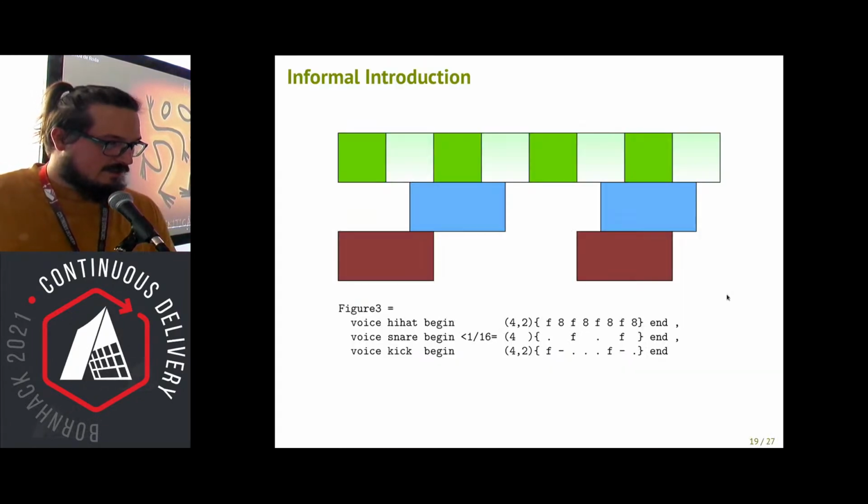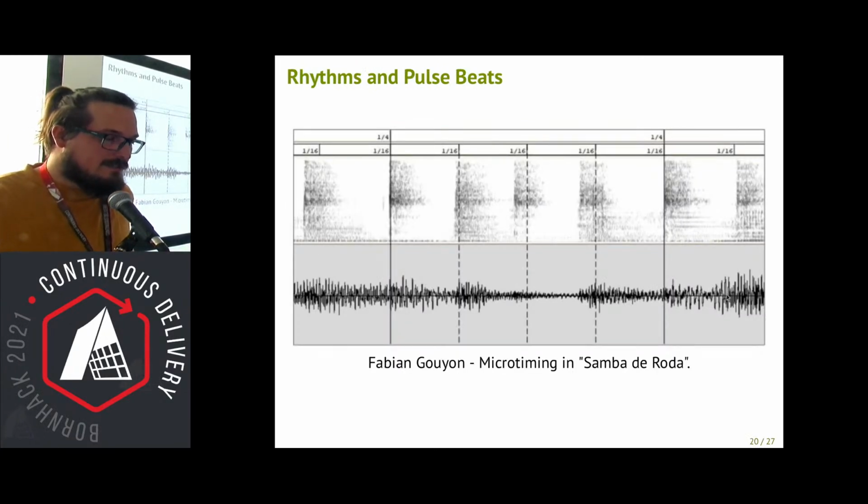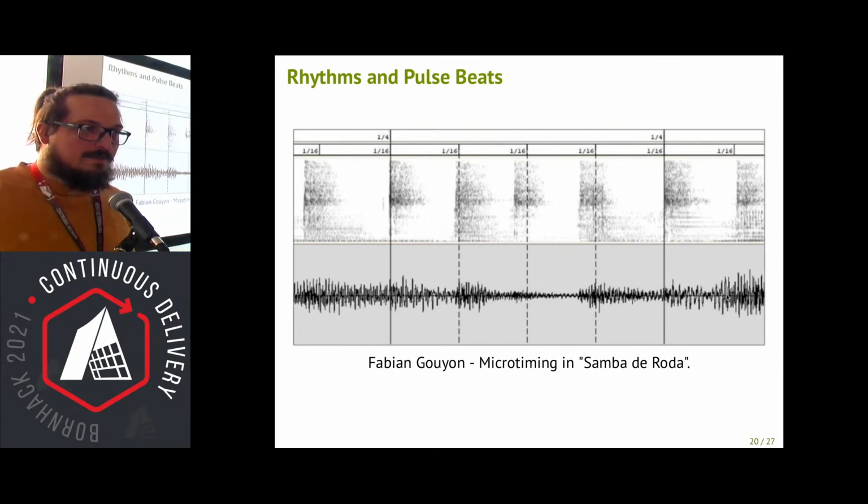Some years ago, the musicologist Fabian Guyon looked at some of these samba de rota rhythms. And then he noted that the swing of this tradition of music is in general to put the latter 2 16th notes of pairs of 4 16th notes a little bit ahead. All right?